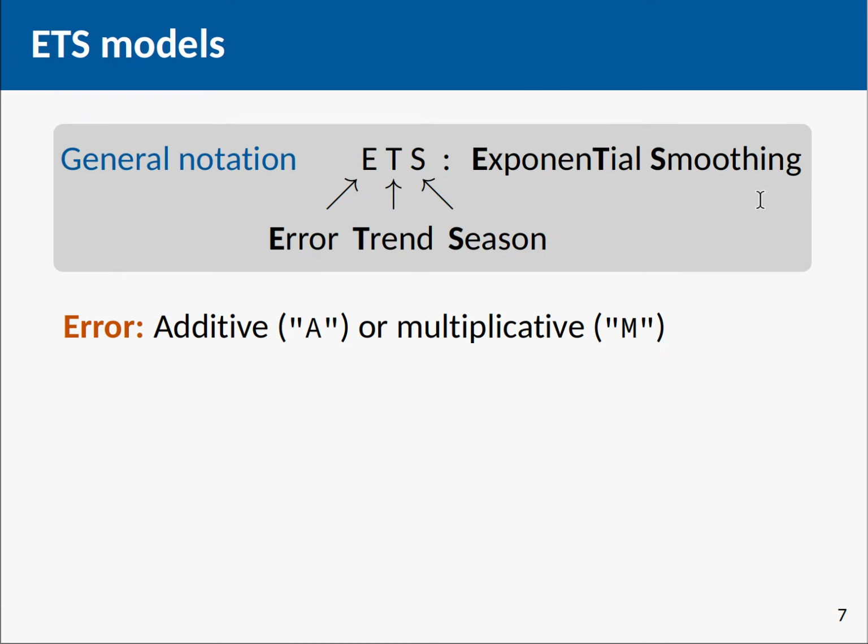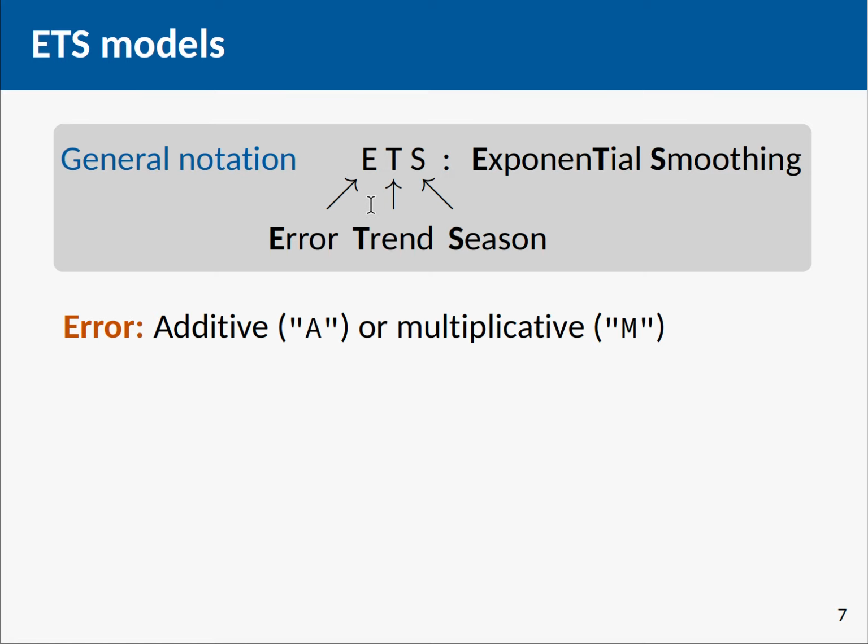Now, the general notation of these models is that exponential smoothing models are also called ETS models. E stands for what type of method we adopt for explaining the error component, something that we can explain.